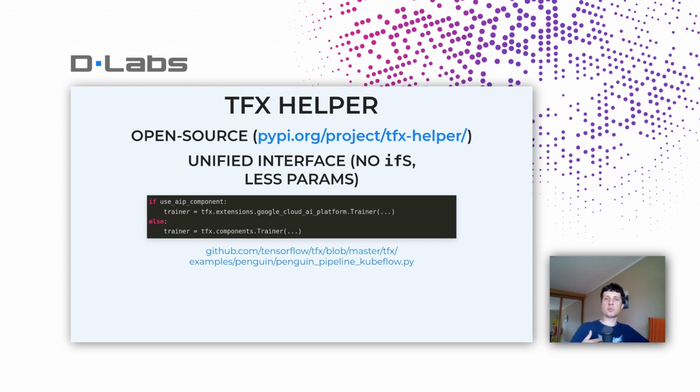If you are supposed to run in the cloud, then use a cloud specific component, otherwise use a non-cloud specific component. We didn't like it very much. It made the code of the pipeline definition very complex, hard to read, and unnecessarily verbose. So we provide an abstraction layer on top of that, which enables you to write your pipeline definition without any if statements and with fewer parameters.